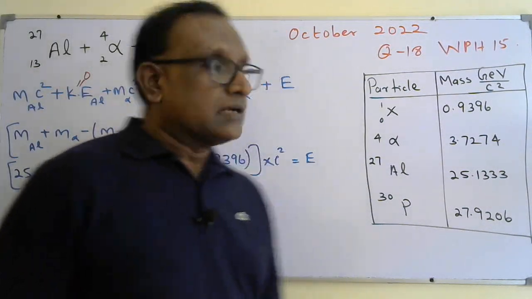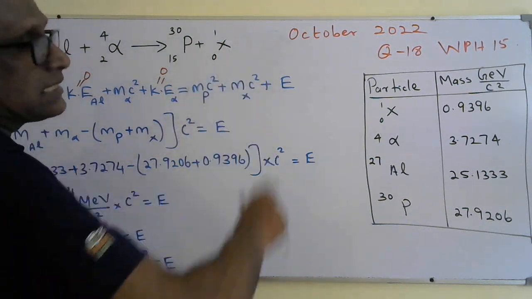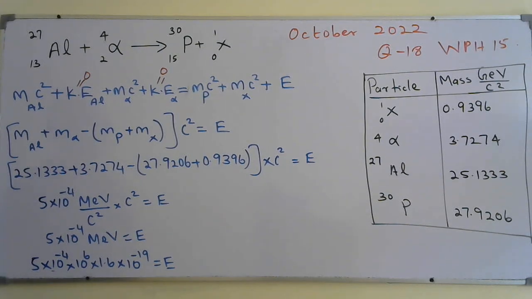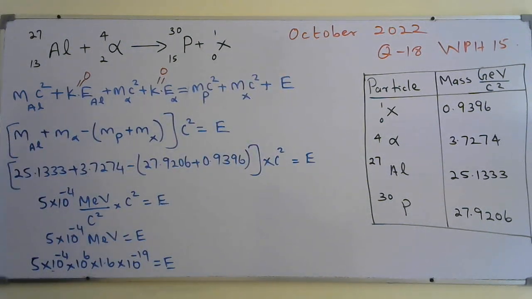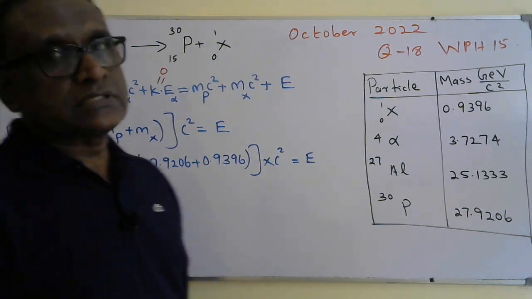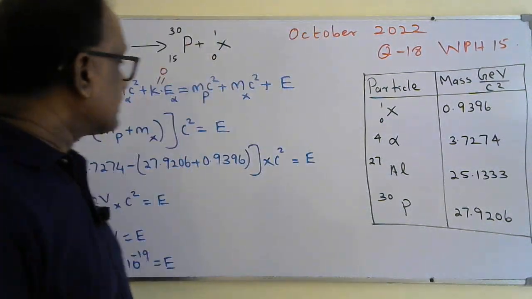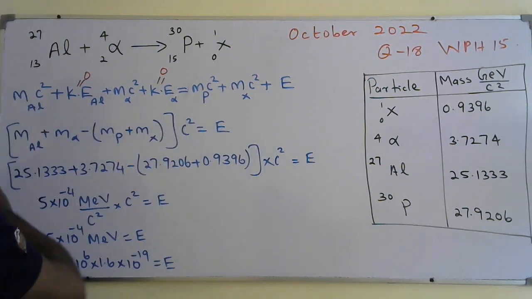That means both phosphorus and X, the neutron, have total kinetic energy. But remember that we are using total mass energy conservation. That is the only law we can use in nuclear physics to find the energy release. But we accept it even if you start with this format, mass deficit.